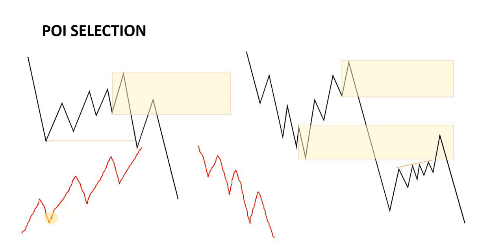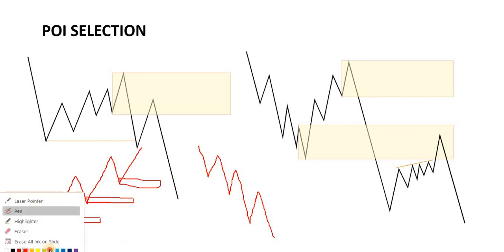The primary point of interest is the block that sponsored the impulsive move. Okay? The point of interest that sponsored the impulsive move. These are the primary points of interest.